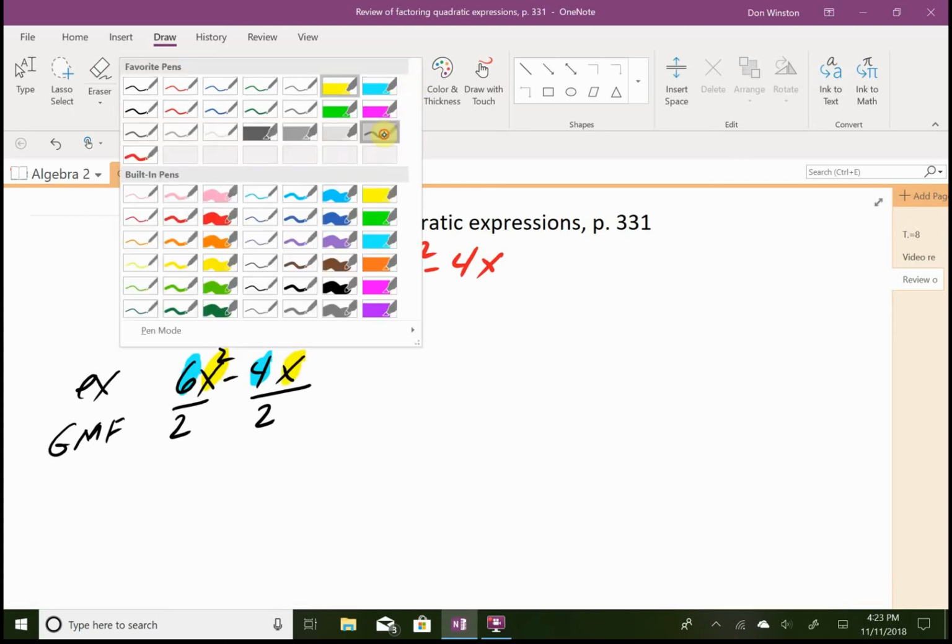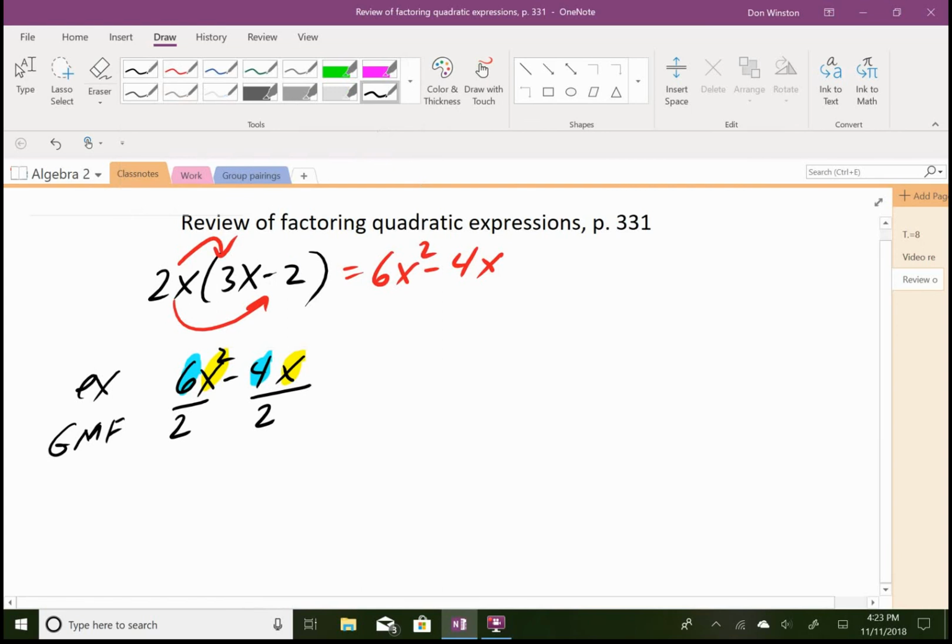The largest factor that divides evenly into x squared and x will be x. The largest power or largest factor for powers is always the power with the smallest exponent. In this case, it is x. So my greatest monomial factor is 2x. That's the largest factor that divides evenly into 6x squared and 4x.